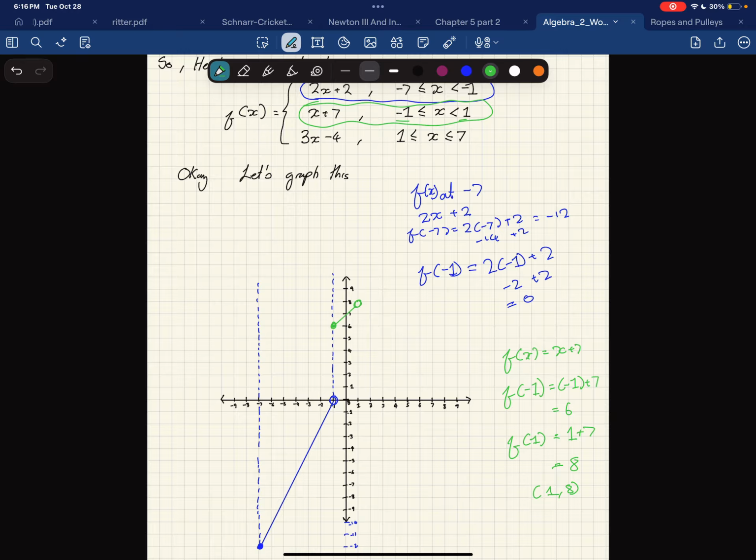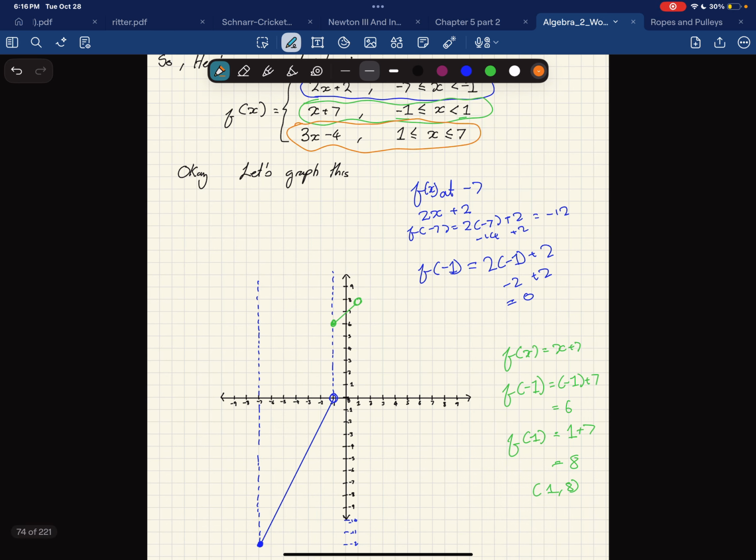Now let's just do the last one. This one here. So same thing I've been doing. Let's see. f of x is going to be equal to 3x minus 4. So now let's use the endpoints again. f of 1 is equal to 3 times 1 minus 4, which is just 3 minus 4.